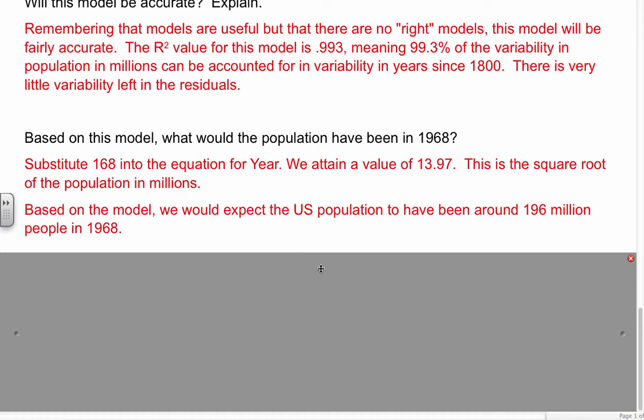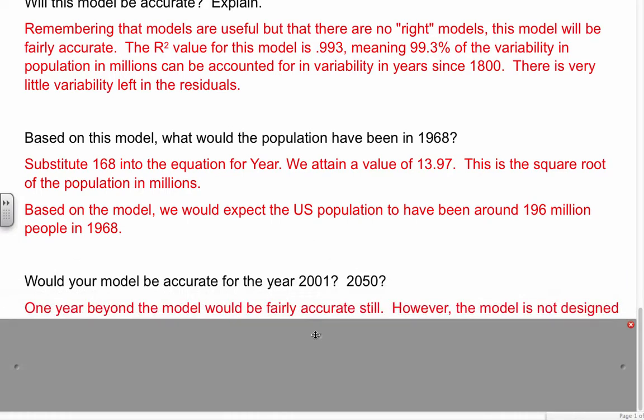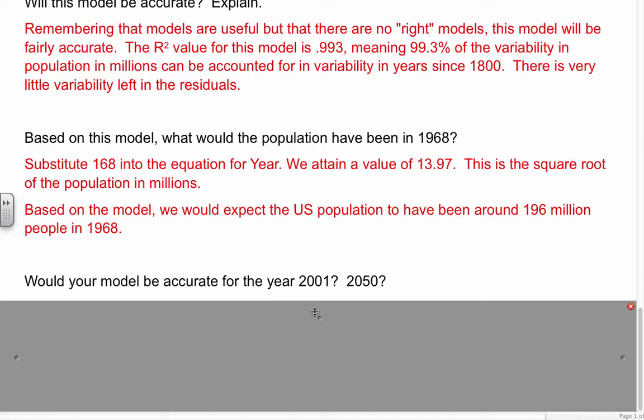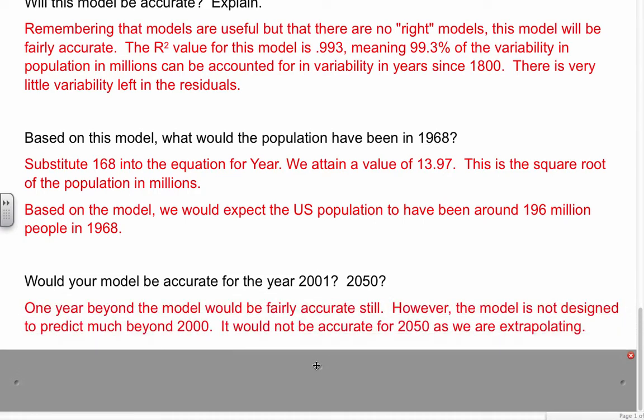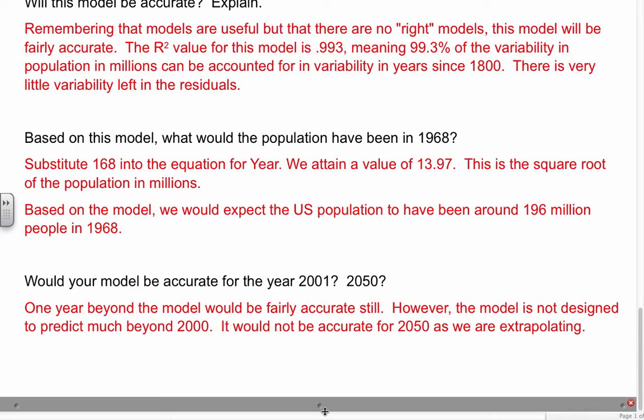Obviously, there are ways to check. We could go through and find out. Would your model be accurate for the year 2001? Well, what about 2050? Well, one year beyond, we would still be pretty accurate. I mean, taking a look at it from 1800 to 2000, I go one more year. Yes, we are extrapolating, but we would still be fairly accurate.